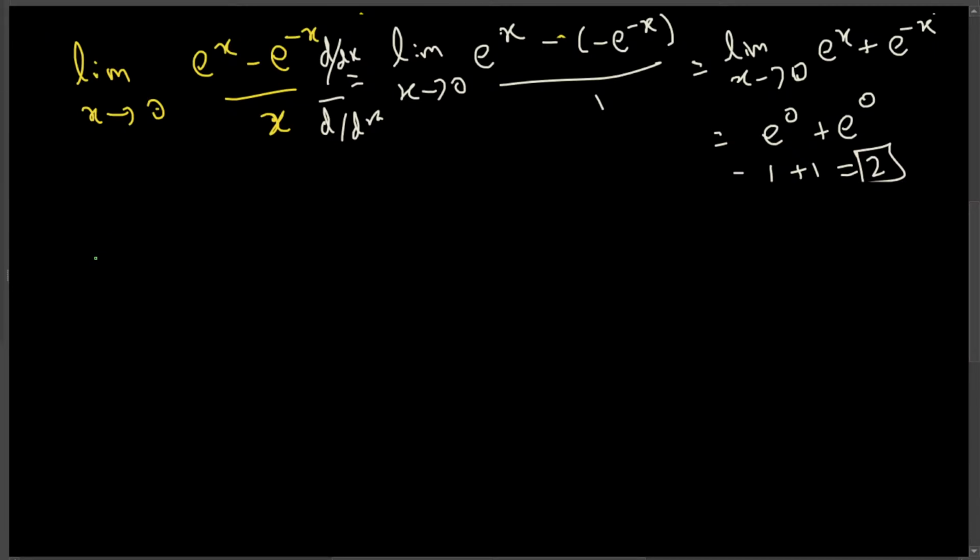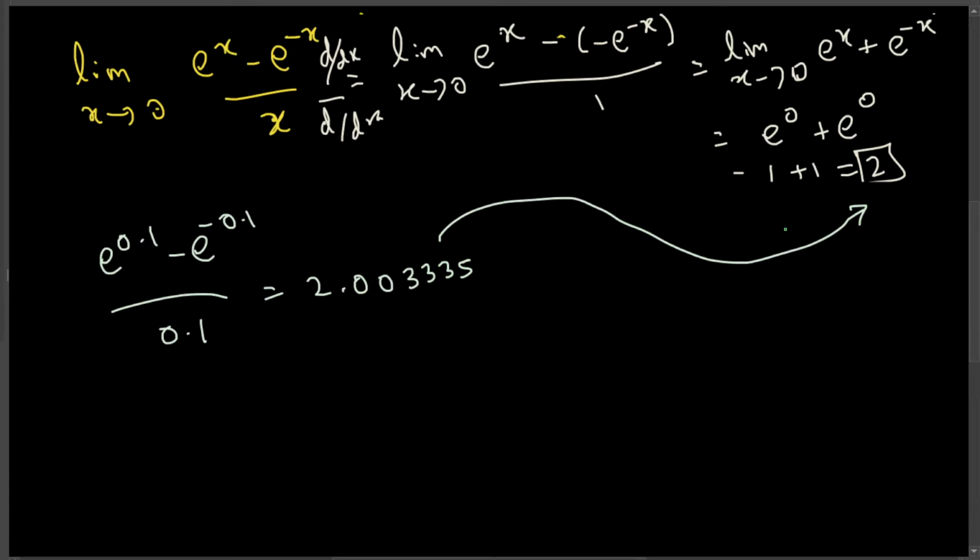If I take 0.1, this is going to be e power 0.1 minus e power negative 0.1 divided by 0.1, and if you calculate this using a calculator, you're going to get 2.003335, and you can see this is approximately equal to 2, so we don't have to actually take another value to see that. We can already see that, and that's our final answer. 2 is our final answer.